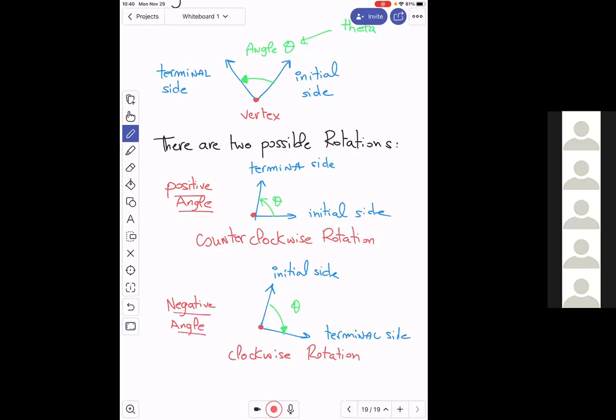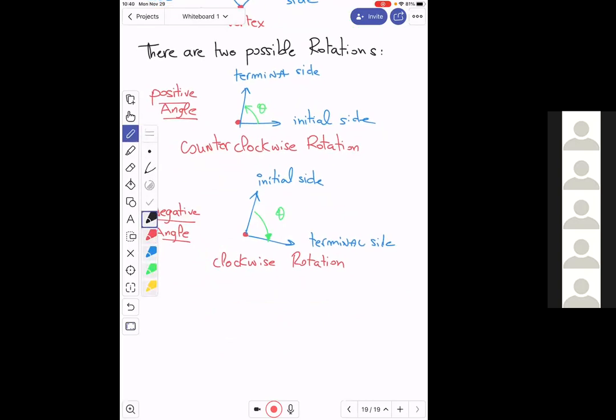That's because when you have your x-axis and your y-axis, the first axis is the x-axis and the second is the y-axis. If you go from x to y, that's the positive rotation, or positive angle. It's just a convention.